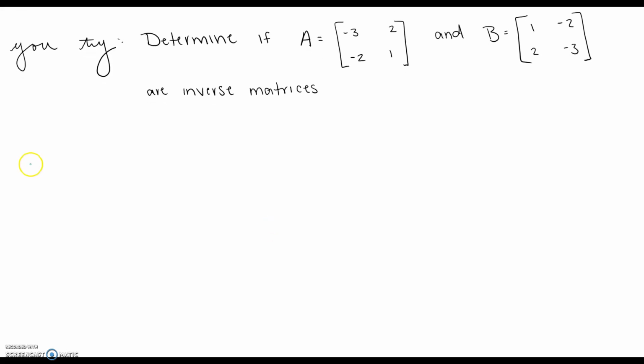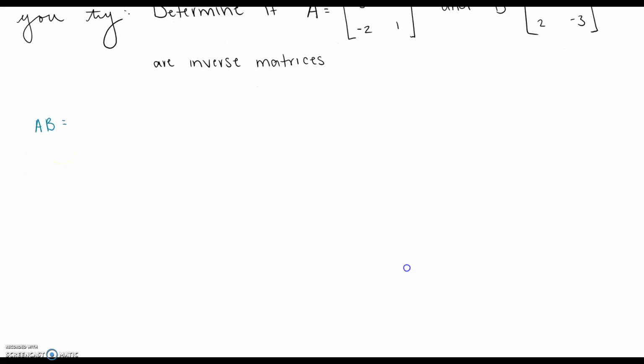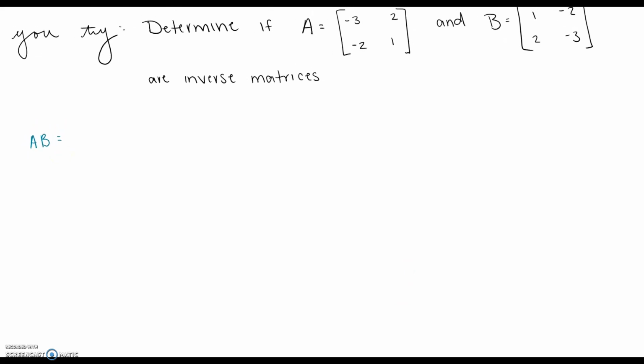Alright, so in order to determine this, we need to do both AB and BA, because matrices are not commutative. The commutative property is that 2 times 6 is equivalent to 6 times 2, but not necessarily with matrices.